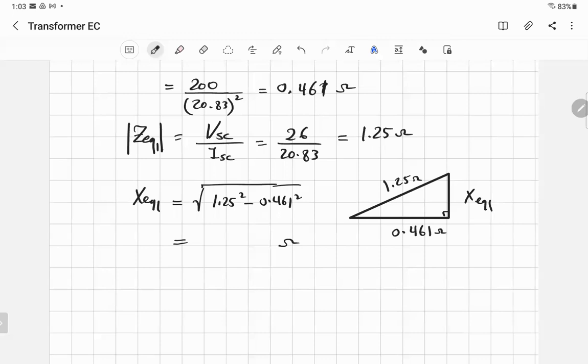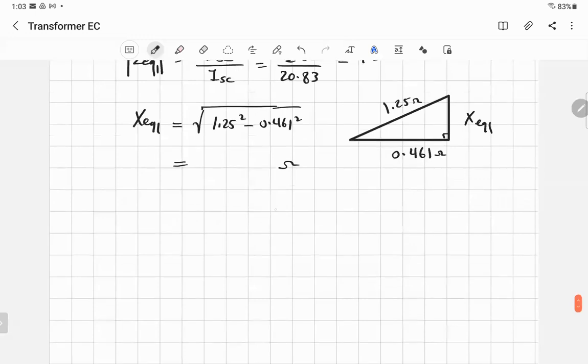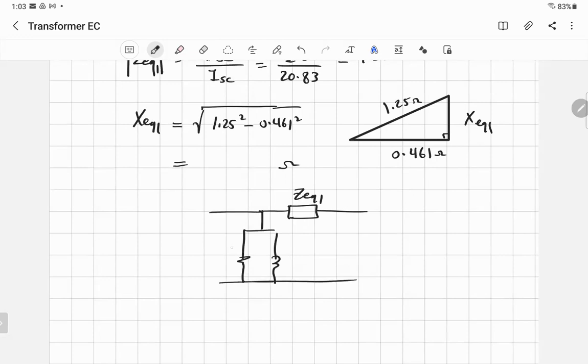Once you get X equivalent 1, you have the equivalent impedance. Now, if you want the equivalent circuit of the transformer on side 1, you will have Z equivalent 1, and your branch here, the magnetizing branch that we already did, RC1 and XM1.